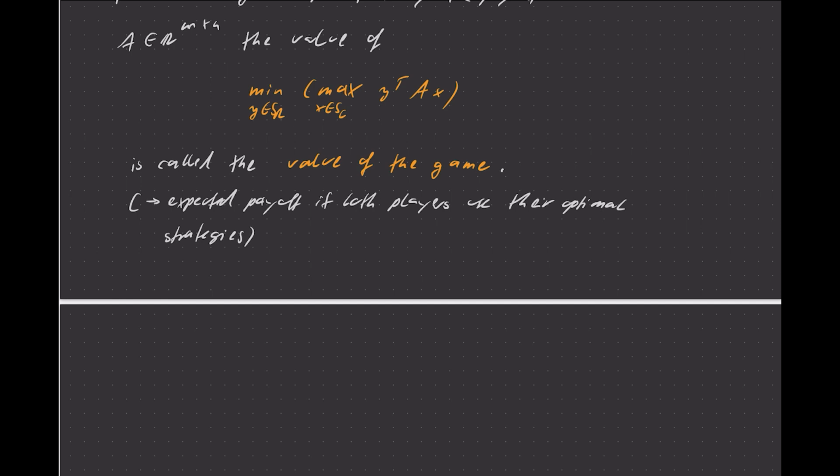And the second part of the definition: a game is called fair if the value is 0.